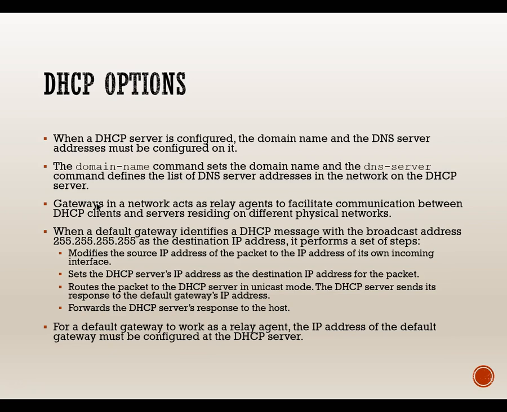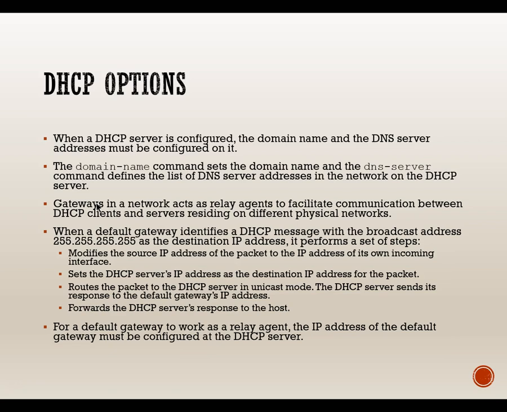It modifies the source address of the packet to the IP address of its incoming interface, sets the DHCP server's IP address as the destination address of the packet, and then routes the packet to the DHCP server in unicast mode. What we're really looking at here is what happens with a relay agent.